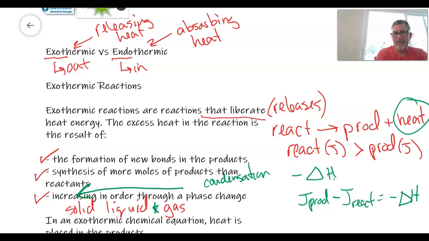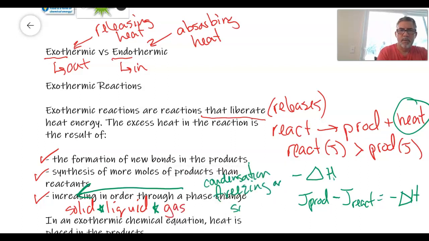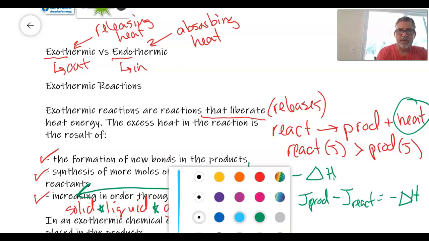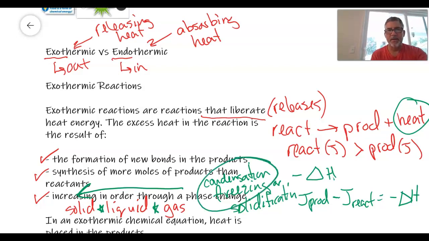I've got to take energy out of a gas to get it turned into a liquid. And then right here would be freezing, or it's called solidification. Right. So those would be your phase changes that are exothermic.